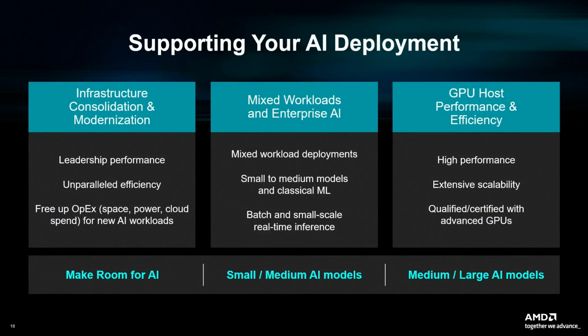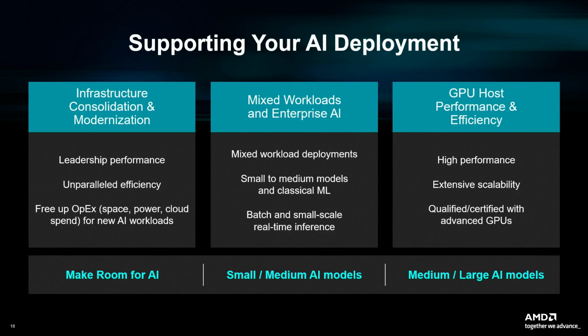Again, this need to cost optimize, as the left pillar shows, but we're also seeing this mixing of workloads, incorporating AI functionality into mainstream workloads. And of course there's a need for high performance GPU accelerated instances for training and inference at large scale for very large multi-billion parameter models.